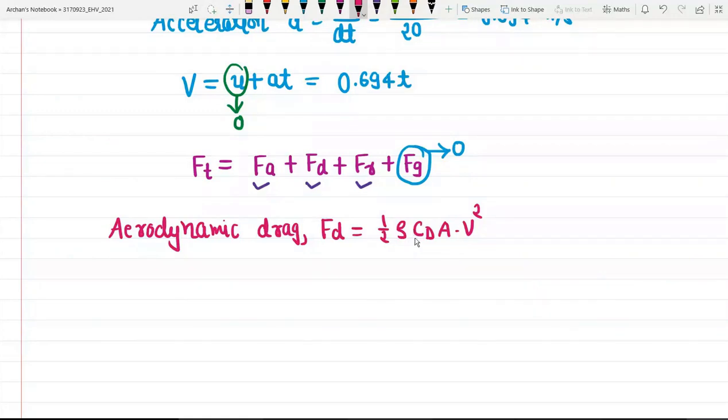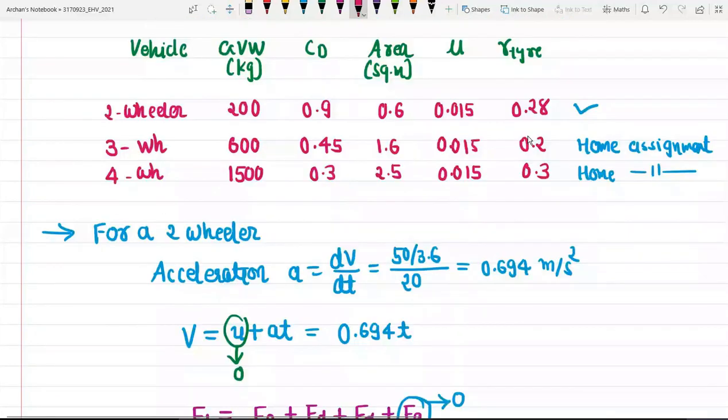Then CD is the drag coefficient, which is already given to us. Frontal area A is also given to you and velocity is also given to you. This time there are 3 velocities: 30 kilometer, 50 kilometer and 80 kilometer per hour. So we will keep this V as it is.